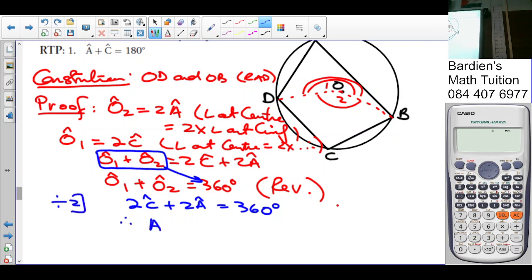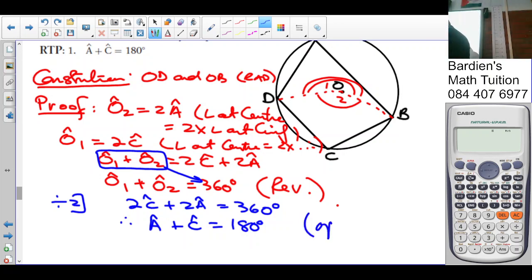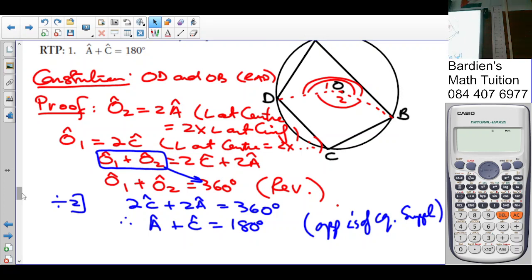Therefore, angle A plus angle C is equal to 180 degrees. Or angle C plus angle A is equal to 180 degrees. Okay. And if we use this theorem, the reason is opposite angles of cyclic quad supplementary. Opposite angles of a cyclic quad supplementary.